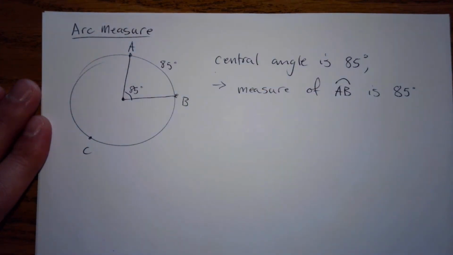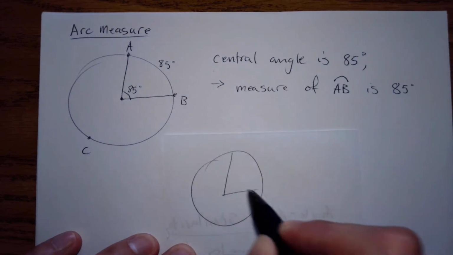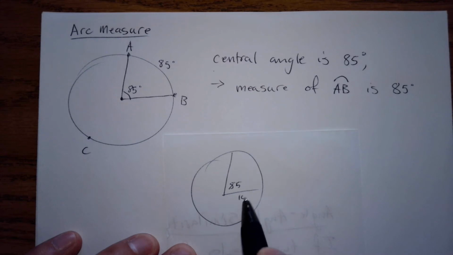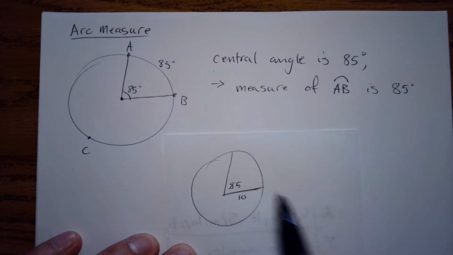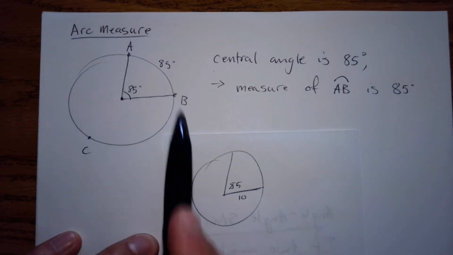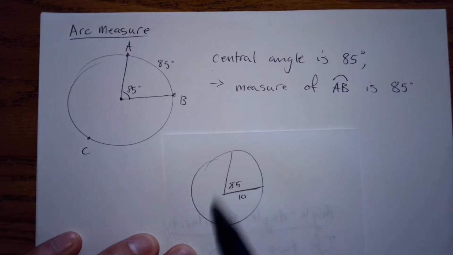If we wanted to know the actual arc length, this you don't have to write down. But if you wanted to know the arc length, I'm going to try and draw the same idea here, 85. Say this was a radius of 10. Right here, I don't have the radius, but I can still write down the arc measure. It's 85 degrees out of the total 360.